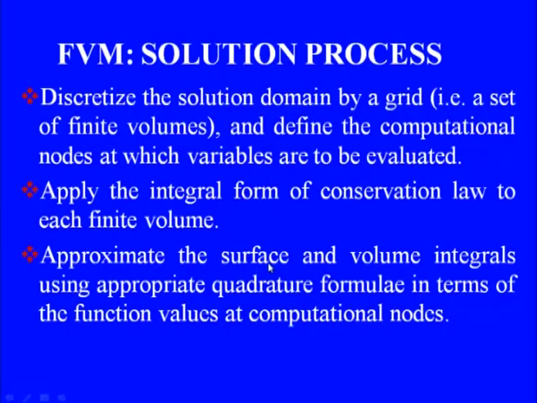Now once we have done this discretization, the next step is to apply the integral form of the conservation law to each finite volume. We have already seen there are two types of integrals involved: surface integrals and volume integrals, which are in terms of our unknown variable. So we can't evaluate those integrals exactly, and we have got to approximate them. So we approximate the surface and volume integrals using an appropriate quadrature formula in terms of the function values at computational nodes, because these are the ones which are of interest to us in our solution process.